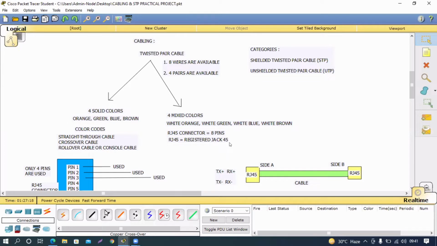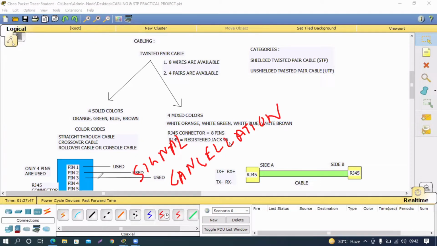Sir, can you tell once what is this TX minus and RX minus? TX minus and RX minus, it is used for cancelling out the signal. Okay. Signal cancellation. So sometimes, some systems send an excessive amount of voltage, so the excessive amount of voltage is getting cancelled.